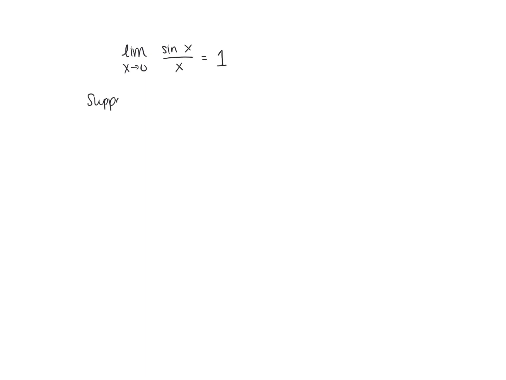Suppose we want to know some limit as x approaches c of some function. And we know a function that's always less than this function and a function that's always greater than this function.